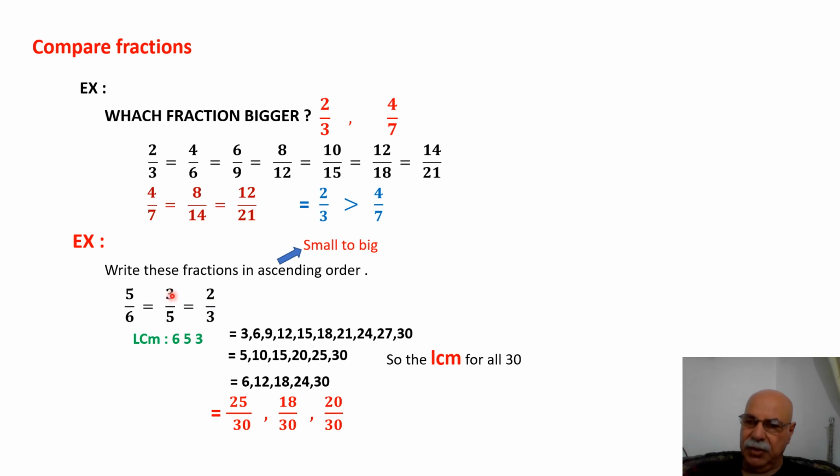So the small one is 3/5, after that 2/3, and 5/6 is the big one. This is the order from smaller to bigger, the ascending order: 3/5, 2/3, and 5/6 as the biggest.